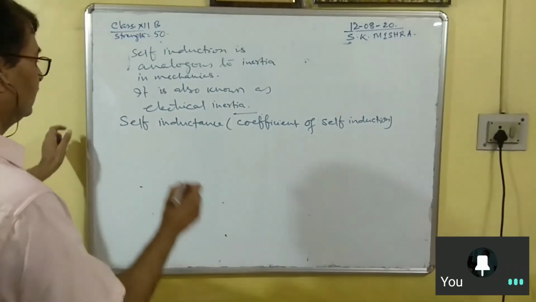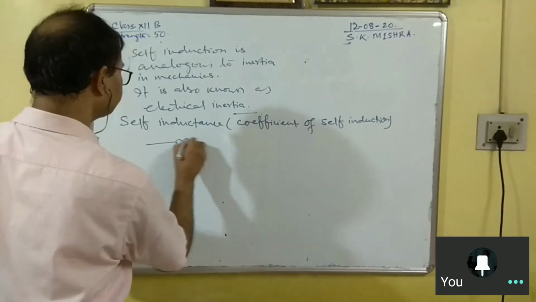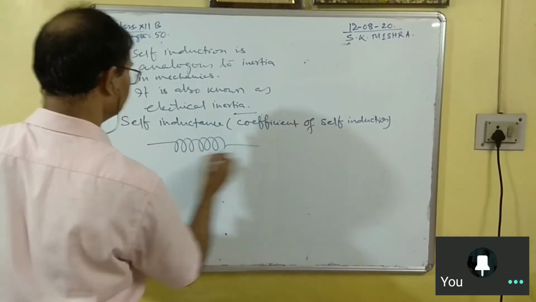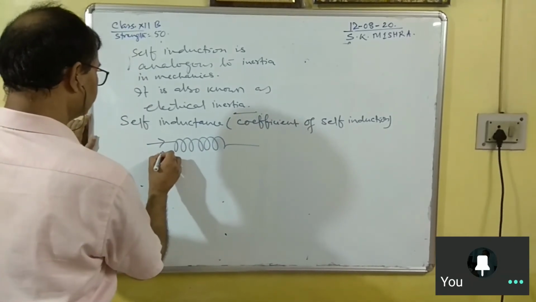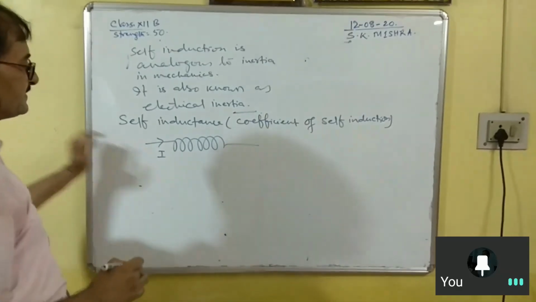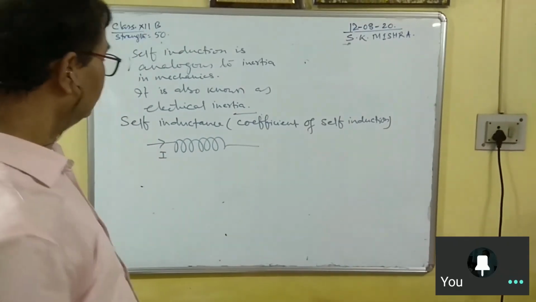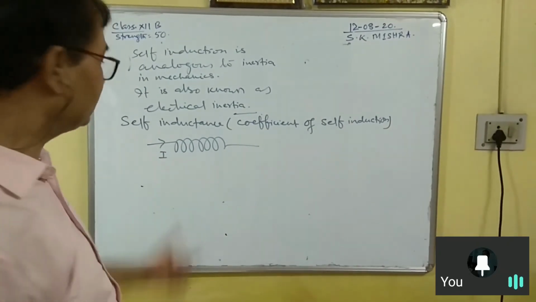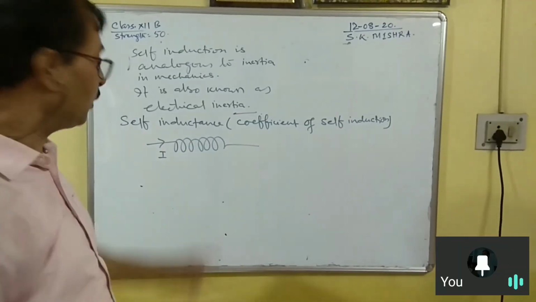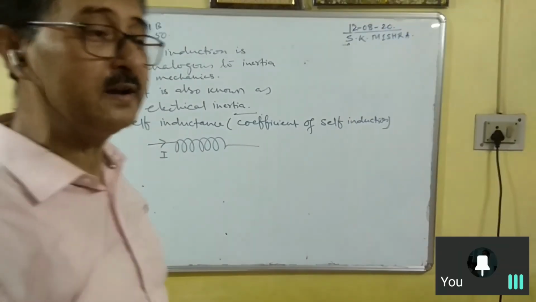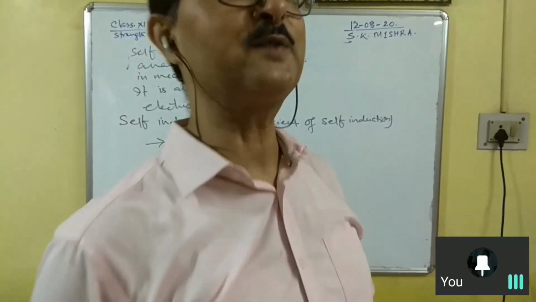Okay, you have a coil. Current I through the coil is directly proportional to the flux linked with the coil. The more the current, the more the magnetic field inside the solenoid, and then the more the magnetic flux.